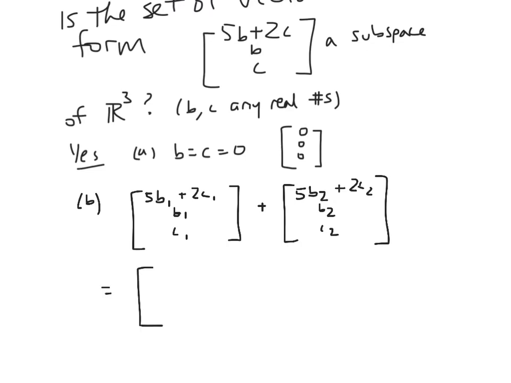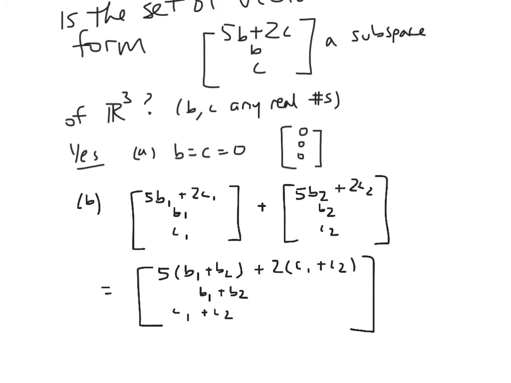Well, if I add them, I can rearrange the terms and I see that this is also in my subspace by setting b equal to b1 plus b2 and c equal to c1 plus c2. Okay, so now I've shown that it's closed under addition.